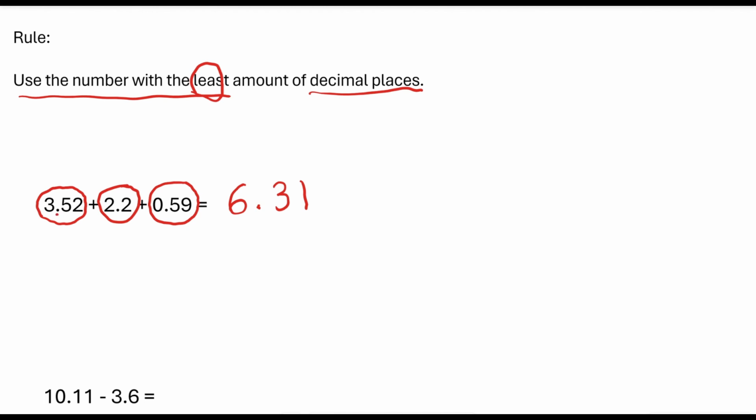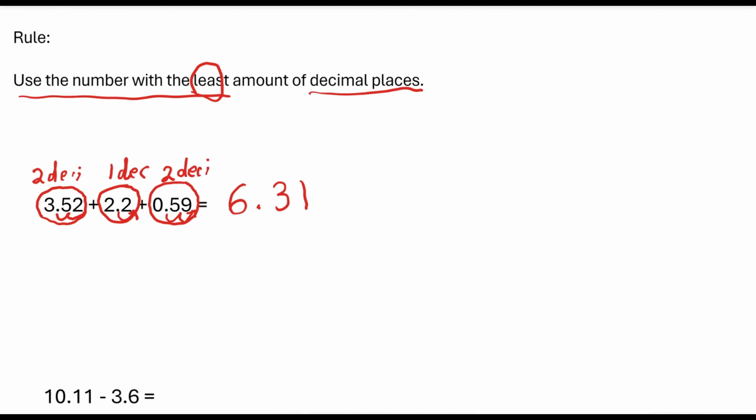So here from the decimal point, we have 1, 2. So this number has 2 decimal places. Now here we have 1. So this has 1 decimal place. Here we have 1, 2. So this one has 2 decimal places.